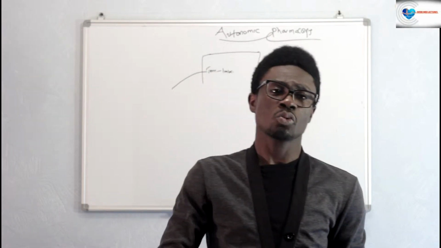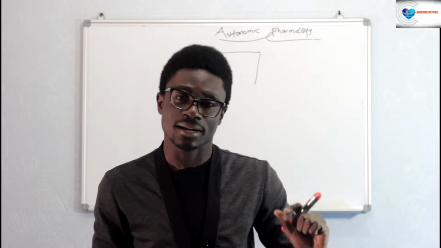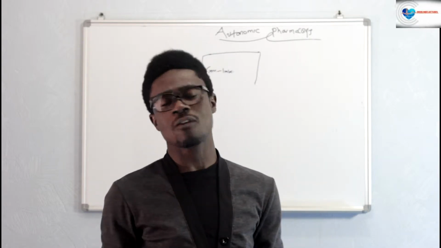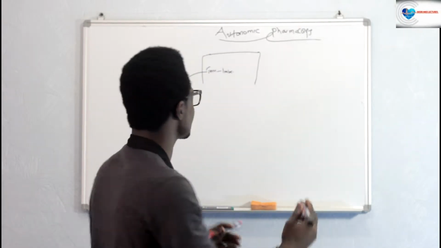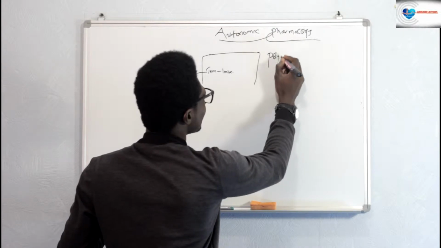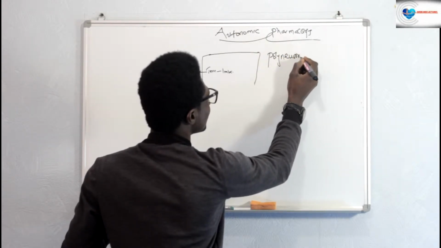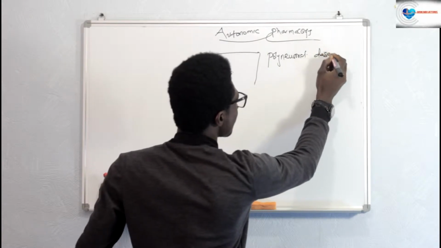You understand? So when the posterolateral nucleus of the hypothalamus is overstimulated, the information gets down from the CNS through what are called polyneuronal descending pathways.